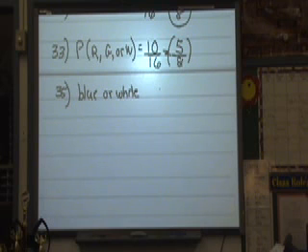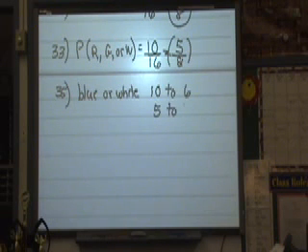Wait. Oh, 10. 10. To, how many ways can you not get a blue or a white? 6, through the 3 red and the 3 green. Now can that be reduced? Yeah, to what? 5 to 3. Right, you can divide both the 10 to 6 by 2.